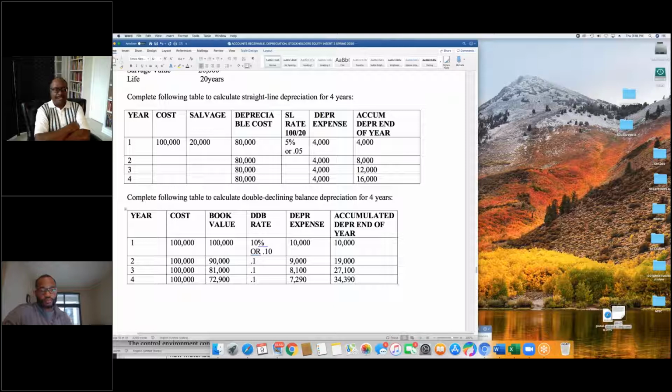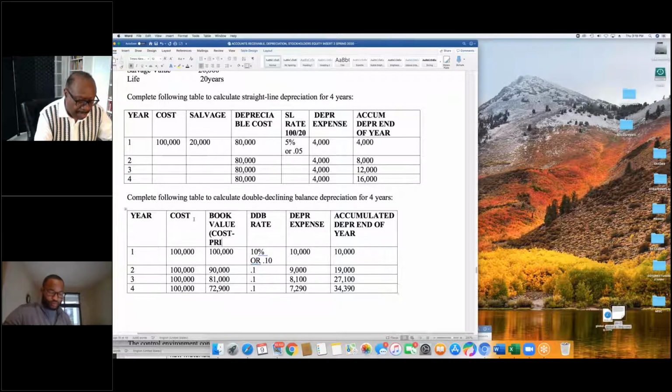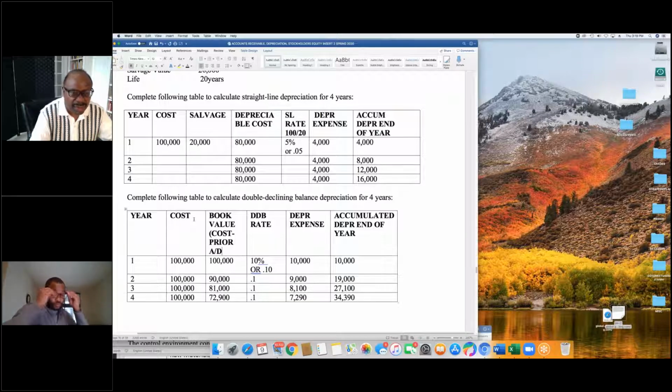Can you tell me the equation again to get the book value for the next year, after the previous one? It's simply the cost, that number over here, minus the prior A/D, accumulated depreciation.